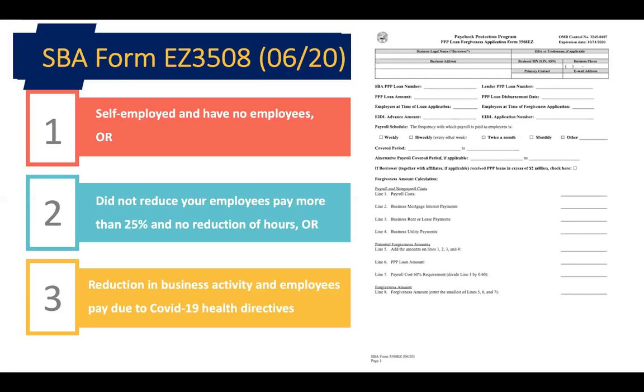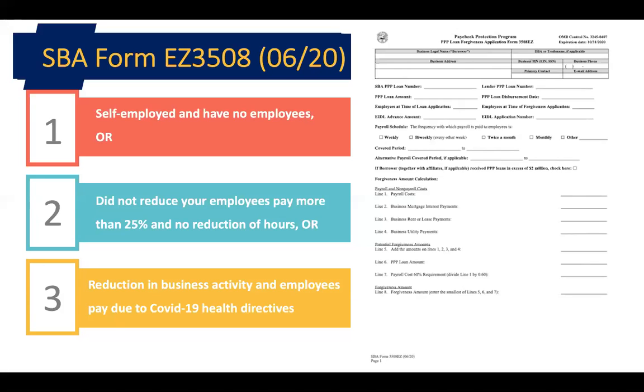And then the third is reduction of business activity and employee pay due to COVID health directive, meaning that basically it's not you trying to do it, it's the shelter in place, a business activity change, right? A reduction. So number 2 and number 3, it's almost talking about the same thing.